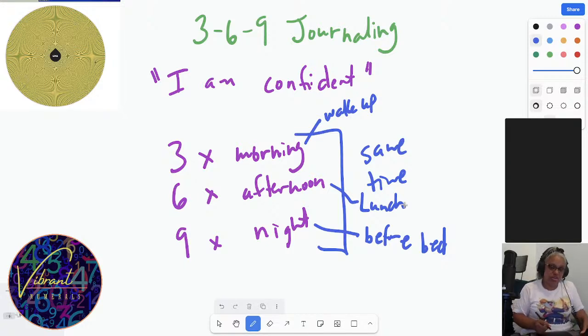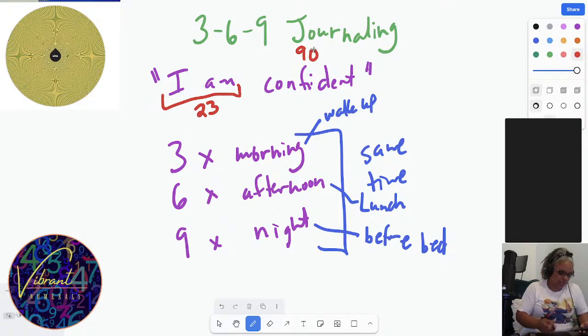And then you can go even further with numerology, and we can actually get this numerical vibration. I'm sure everybody knows because I've been saying it so much, but I am is 23. And confident is 90. So if we do 23 plus 90, we get 113.